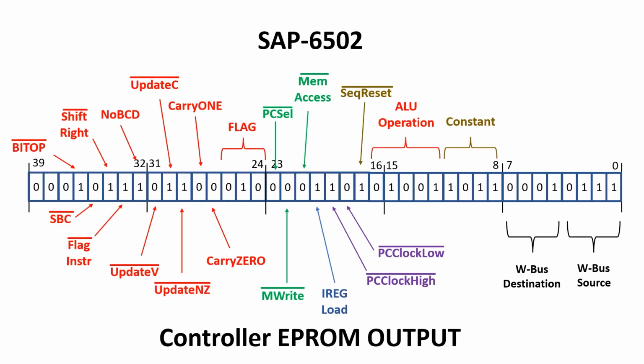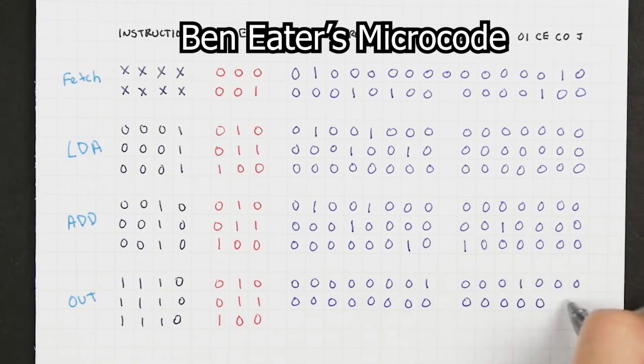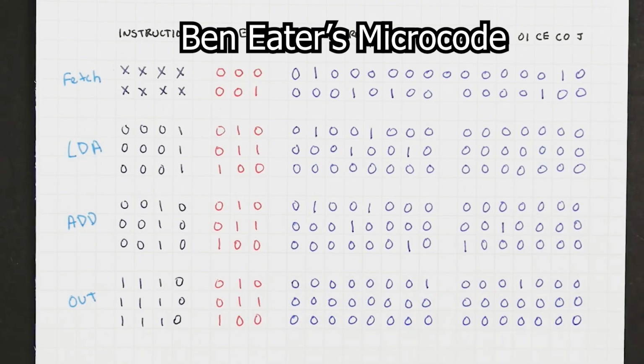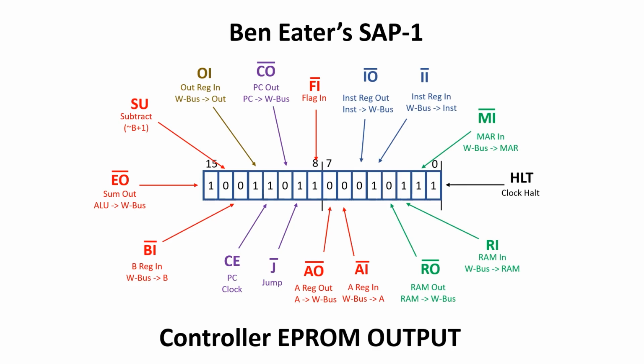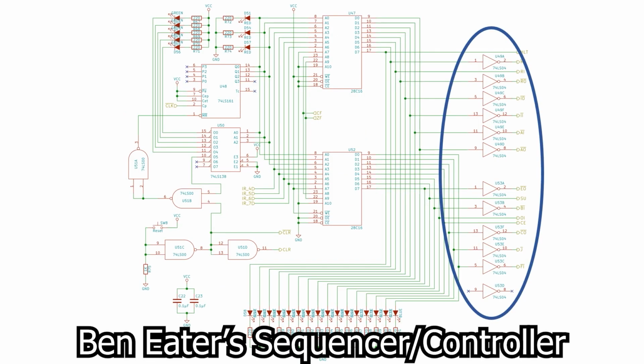What does this look like on our control word? Well, it means all of these signals are asserted, but within our microcode, we make everything active high. This is how Ben Eder did it, and it's actually the easiest way to think about the microcode. But the signals themselves, we may want to be active low. Now, Ben Eder just used this large bank of inverters to convert all the active high signals to active low.